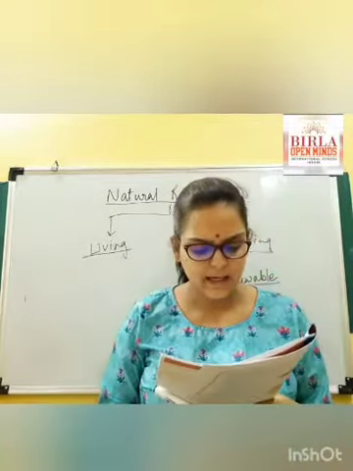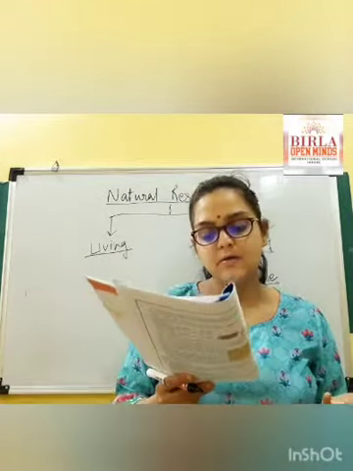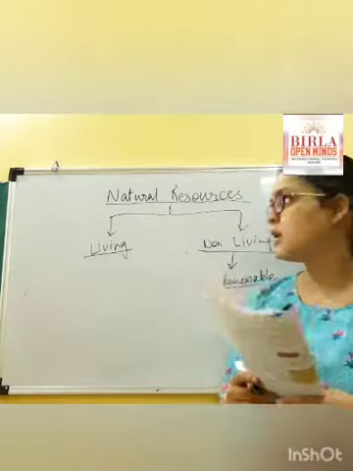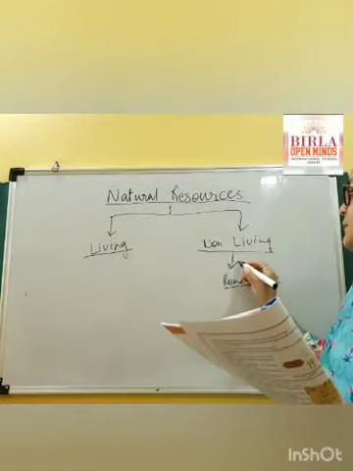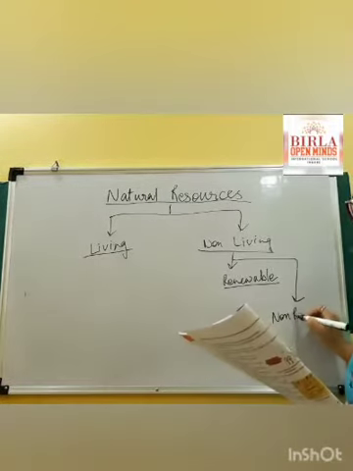Then there is one more type of resources, minerals and fossil fuels. These are also non-living resources. So there are two types: one is renewable and the second is non-renewable.